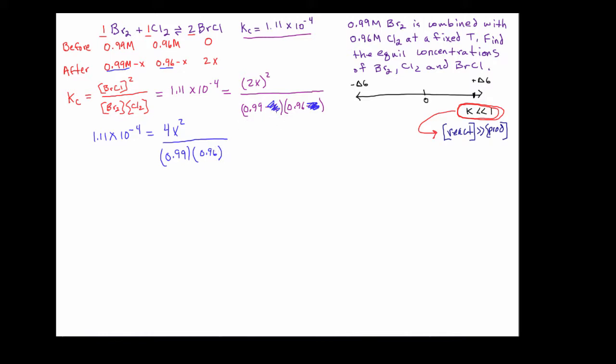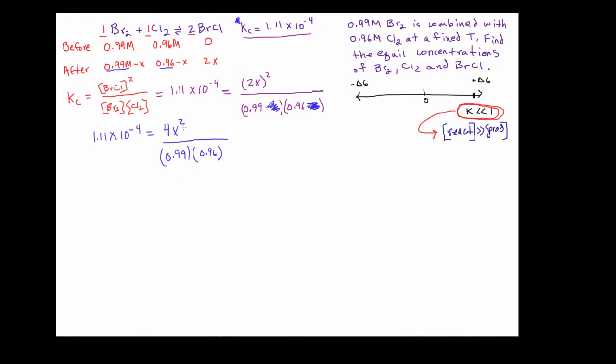So what we've done here is we've made an assumption, and we're assuming, because the equilibrium constant is so small, that we can neglect the x value that we're subtracting from the initial concentrations of both reactants. Now, we have to test that assumption.